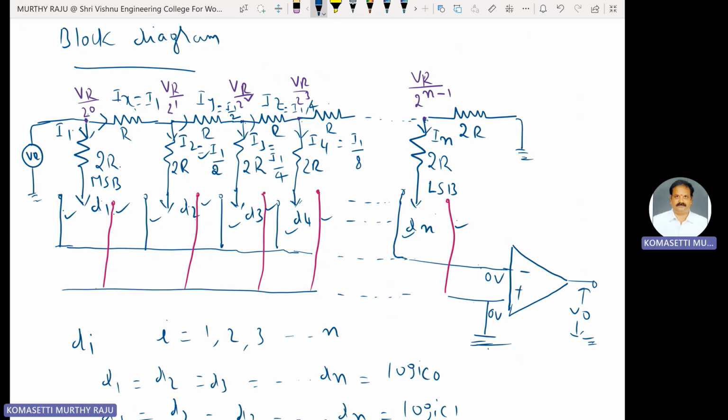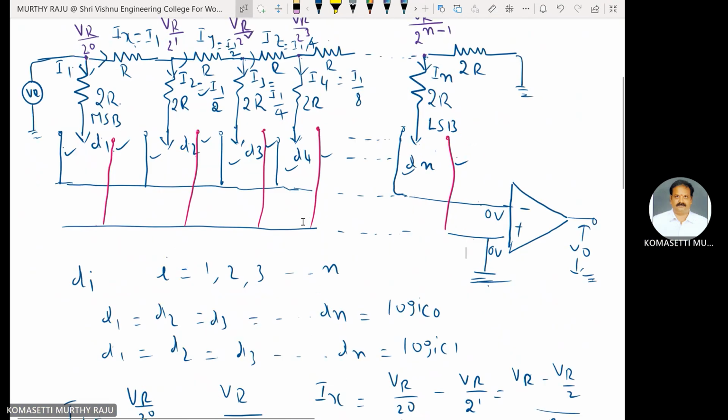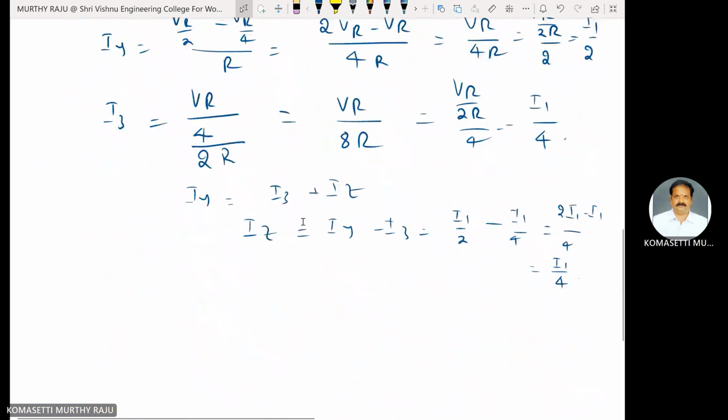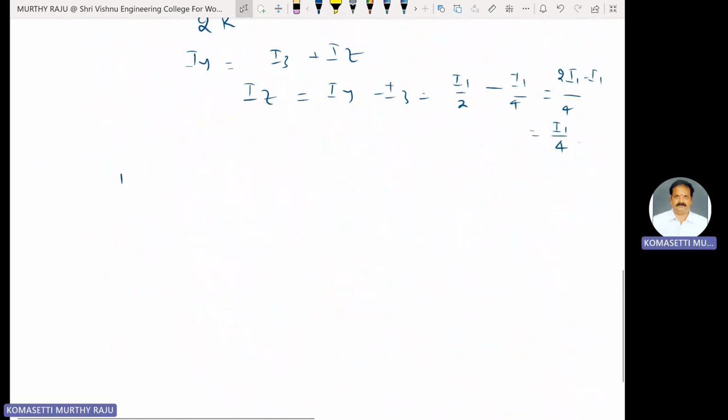Here, important: the equal division of current in successive nodes remains the same in the inverted R-2R ladder, irrespective of the input binary word. The important property here: I1, I1 by 2, I1 by 4, and I1 by 8. I1 is divided into I1 by 2 and I1 by 2.